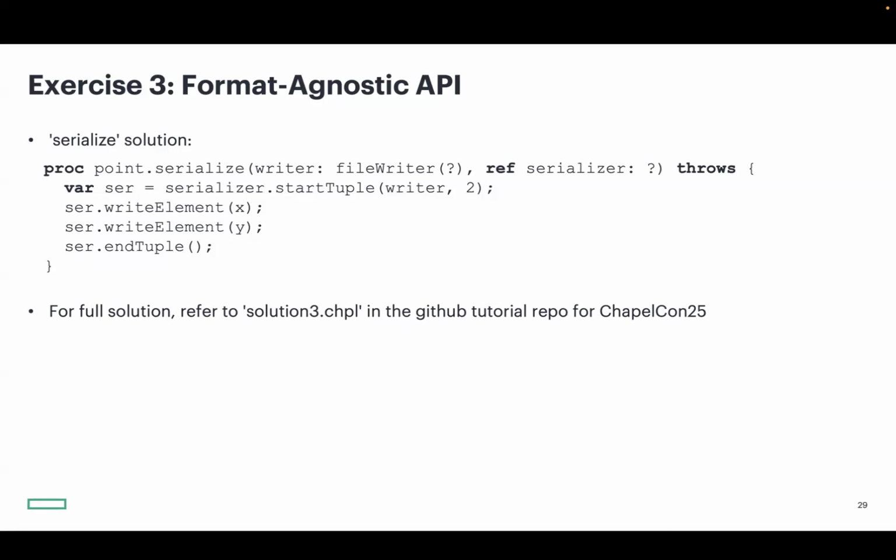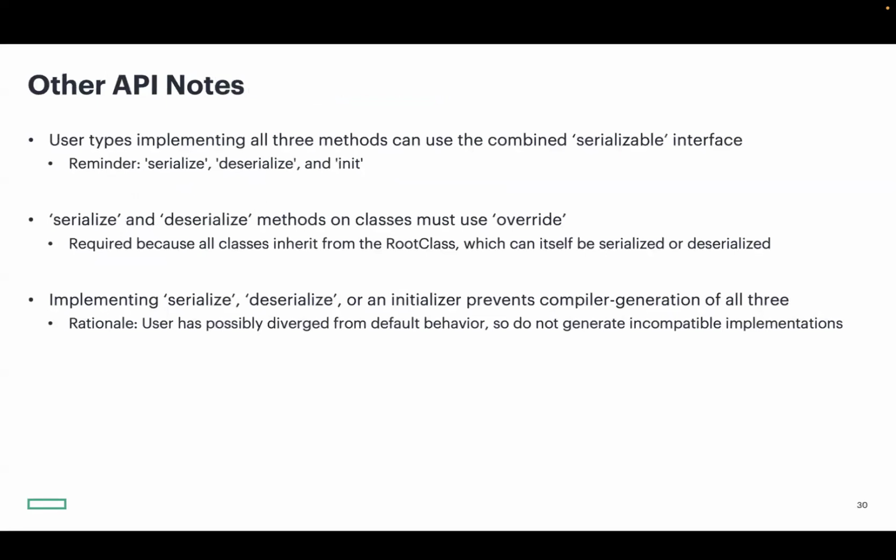Some final notes on the API here. User types that implement all three methods, that is the serialize, deserialize, and init methods, can use the combined serializable interface instead of listing all three. Additionally, the serialize and deserialize methods on classes must use override, and that is because all classes inherit from the root class, which itself can also be serialized or deserialized.